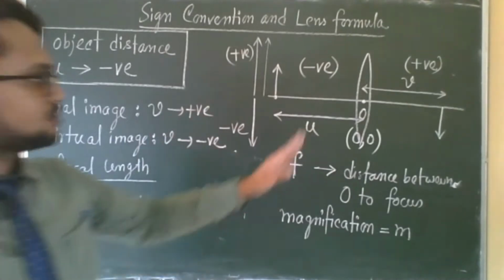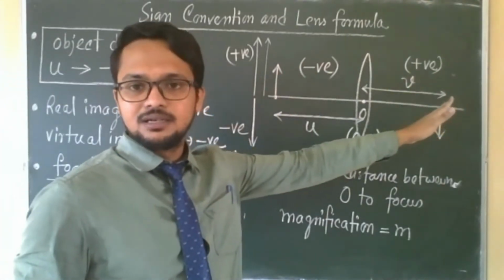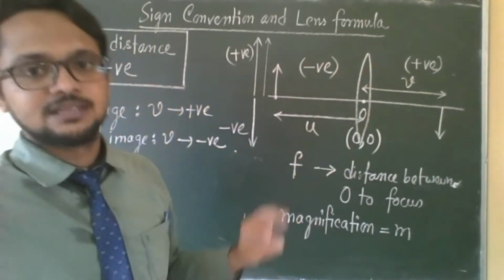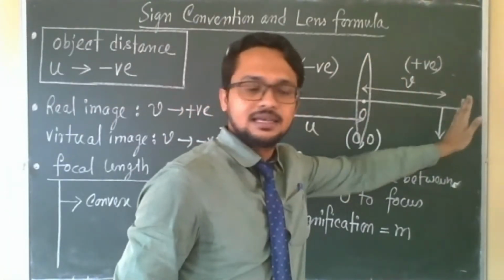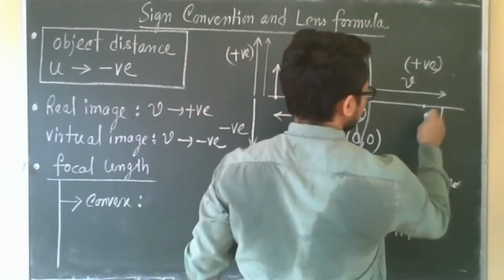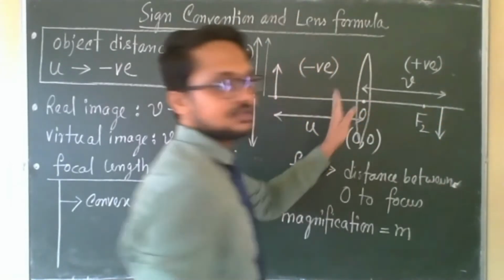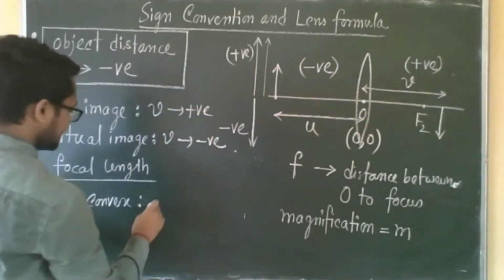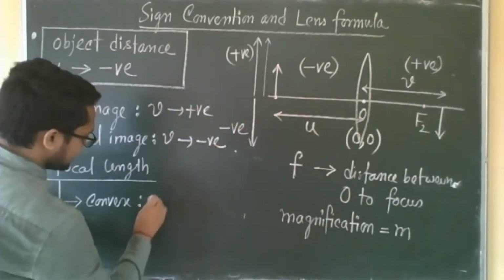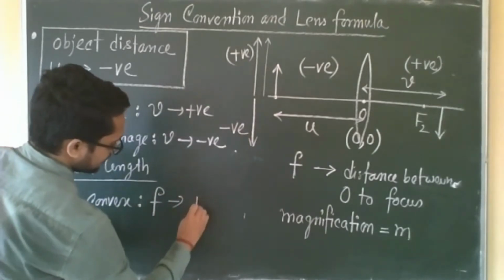For a convex lens, which side does the second focus lie, left or right? The second focus lies on the right side. F2 lies on this side. That side means the right side of the optical center, and right side means for a convex lens, the focal length will be positive.